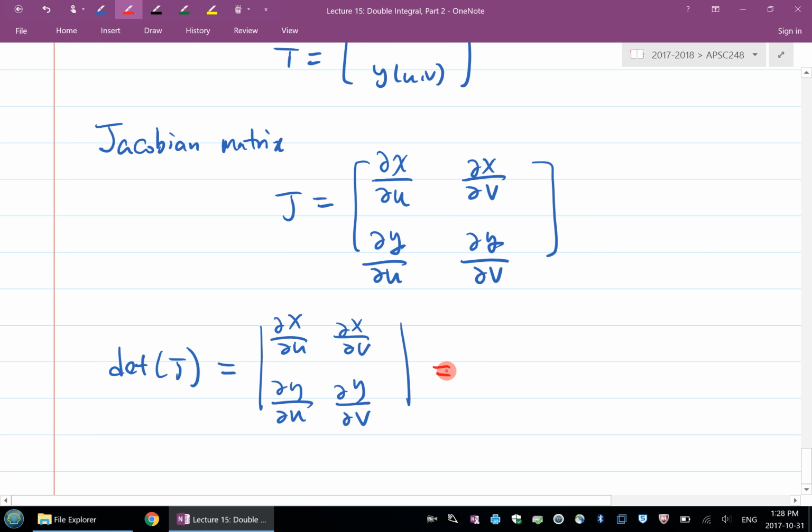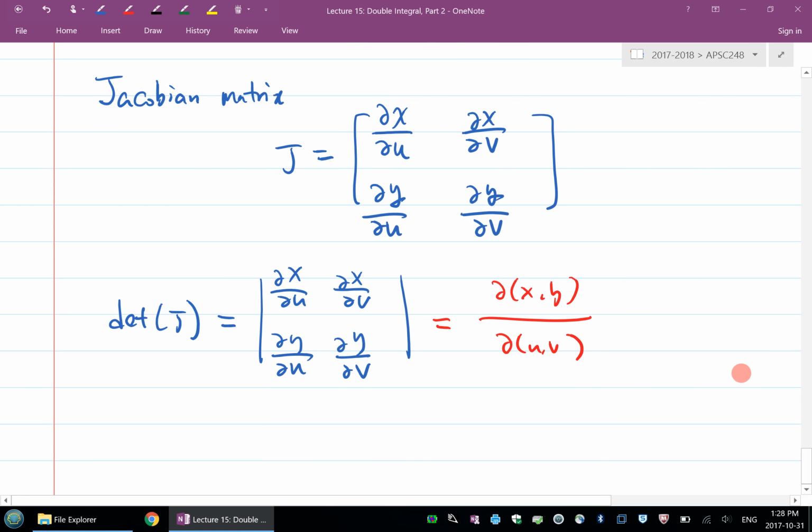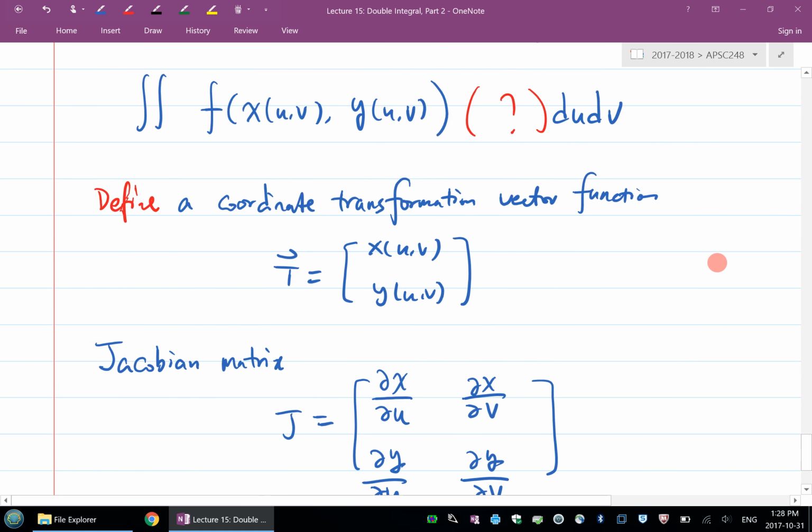Sometimes, notation-wise, people write it like this, representing the determinant of the Jacobian matrix. Sometimes they call it the Jacobian determinant. And then I will just write down the result here, without giving the proof.